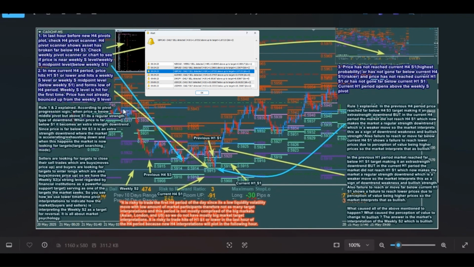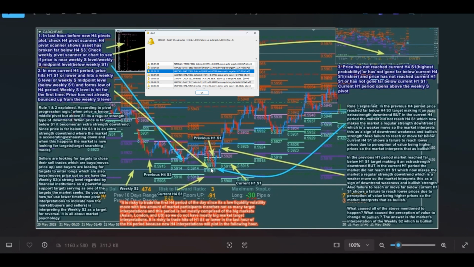So this period right here is the previous H4 period, okay? And this right here is the new current H4 period. And you see in this new current H4 period, price moves down and hits H1 S1, which is this level here, and actually goes lower and hits the H1 S3, which satisfies the first condition of the second rule, which is price hits H1 S1 or lower.